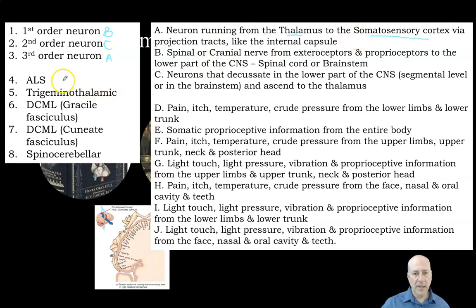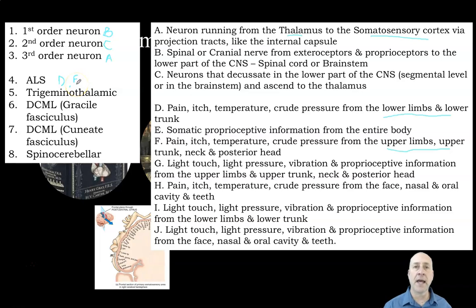Anyway, ALS. What does the ALS bring? It brings pain, itch, temperature, and crude pressure from the lower limbs and the lower trunk. But wait, there's more. It also brings pain, itch, temperature, and crude pressure from the upper limbs and upper trunk, as well as from the lower limb and lower trunk.